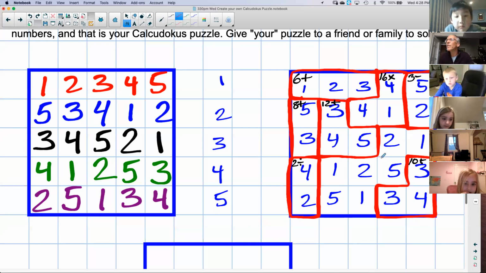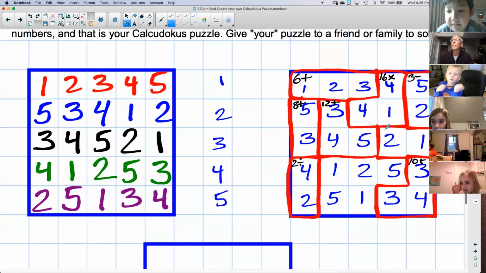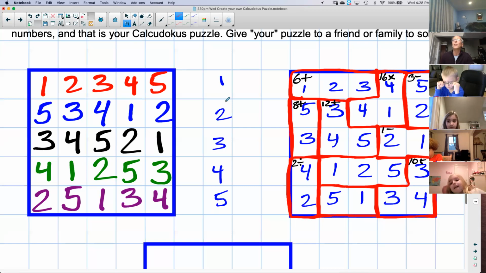Now, come on, let's finish this puzzle. Why don't we do 2 and 1 as a minus? 1 minus. And then let's do, oh, I got a good one. Let's do 5 and 1 as multiplication. 5 times.